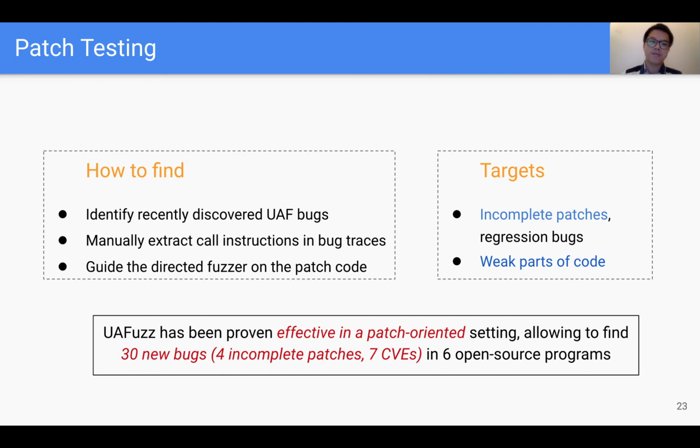First, we identify recently discovered use-after-free bugs in open source programs, and as the code has evolved, in some cases we need to manually extract the code instructions in the bug traces as targets to guide our tool. UAFuzz found 13 new bugs, and 4 of them are incomplete use-after-free bug fixes in critical programs, and got 7 CVEs.